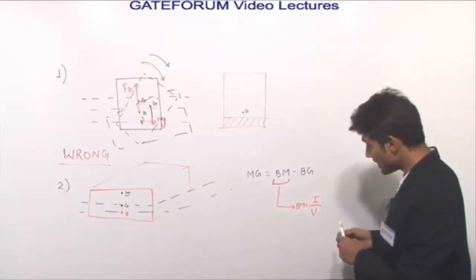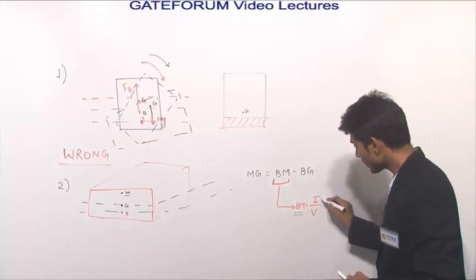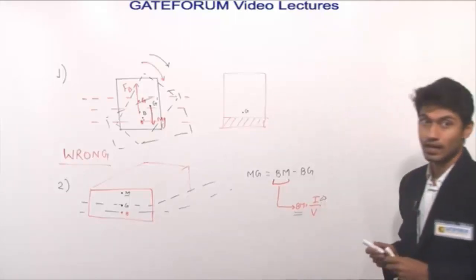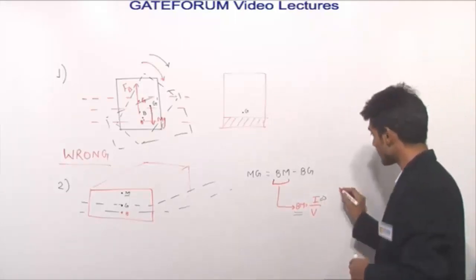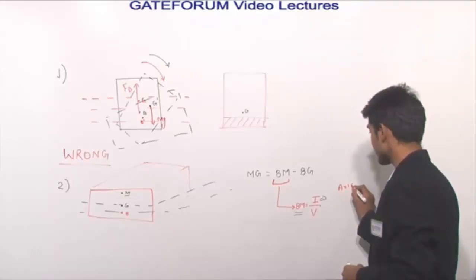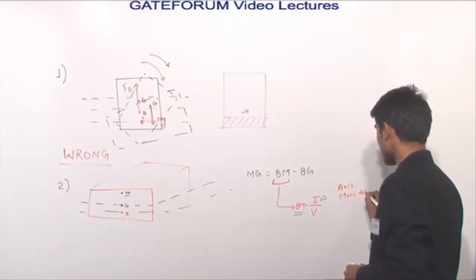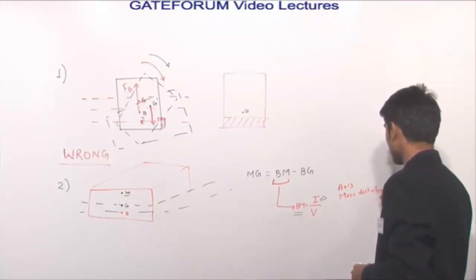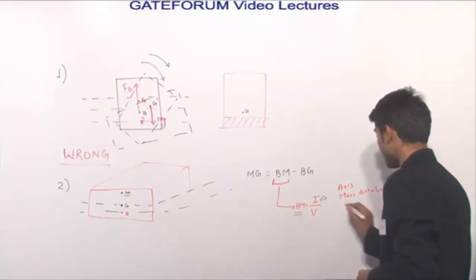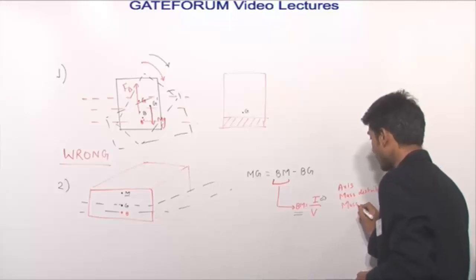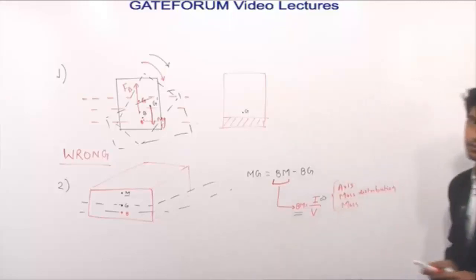Now this BM is a function of moment of inertia, and this moment of inertia depends upon axis, mass distribution, and mass. This moment of inertia depends upon these three parameters.